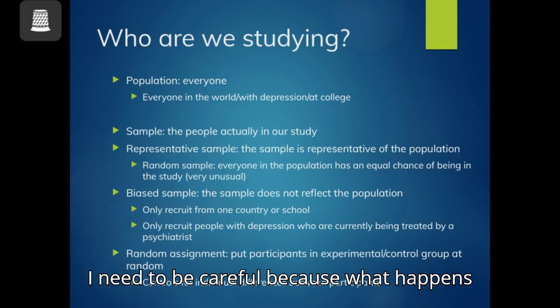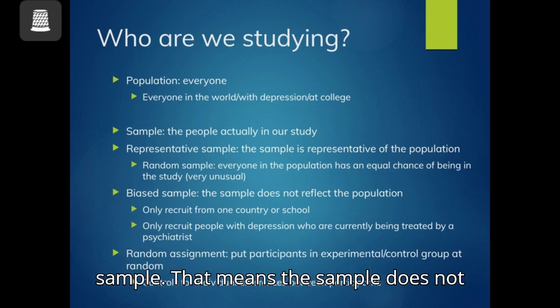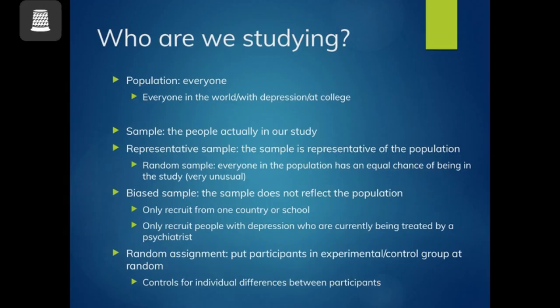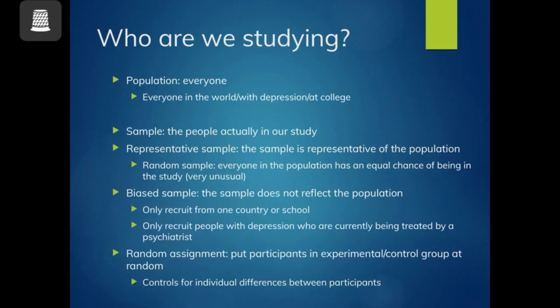So I need to be careful because what happens then is I have what's called a biased sample. That means the sample does not reflect the population. So this affects my ability to say that the findings that I found in my study are true for everyone.